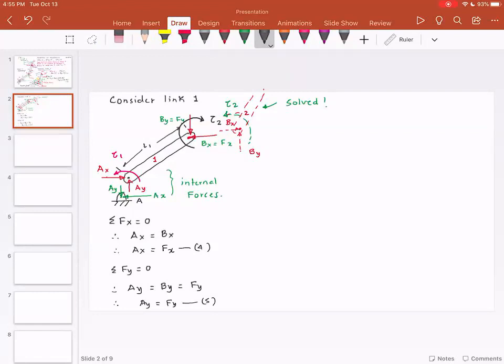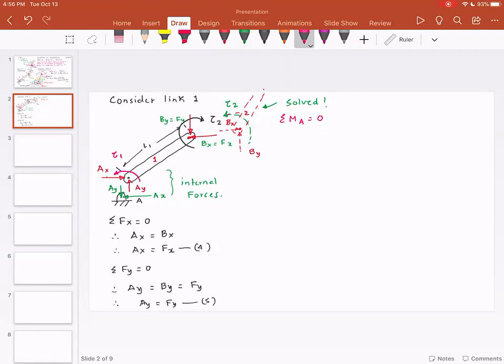Now comes the tricky part. Summation of moment, and I want you to understand this very carefully. Summation of moment at A is equal to 0. So when I say summation of moment at A is equal to 0, I need to take the moment of Ax, Ay.